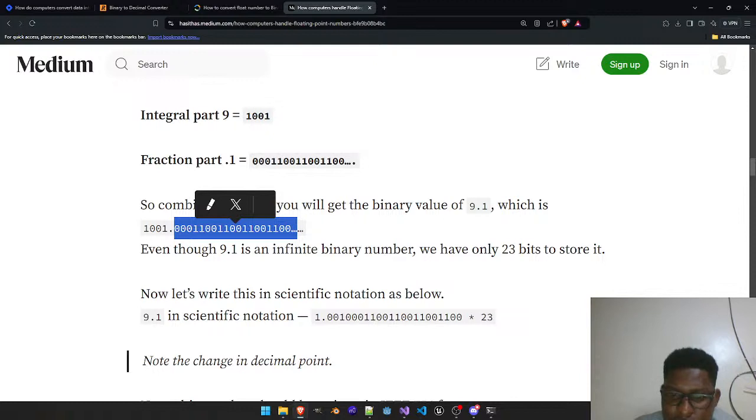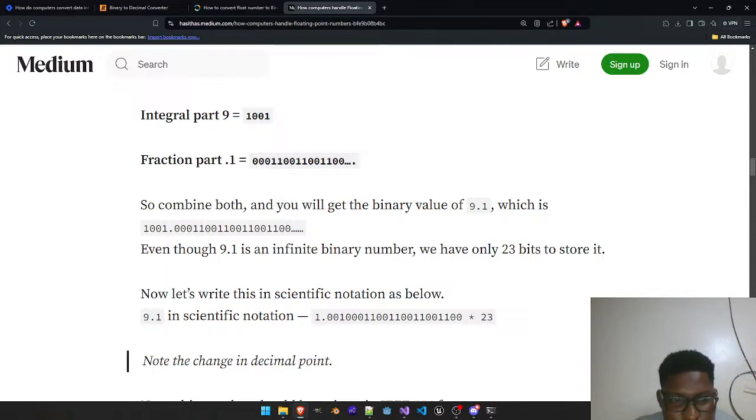So for 9.1, I believe this should be 2 to the power of 3, with an exponent of 3 and 2 as the base, and that will make sense. So you see we have 3 here.